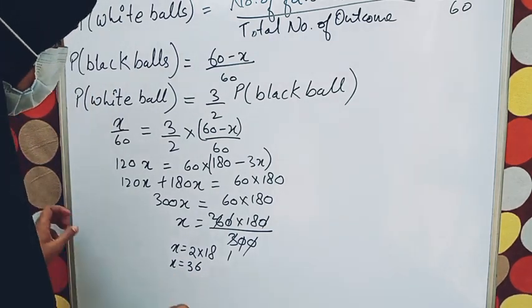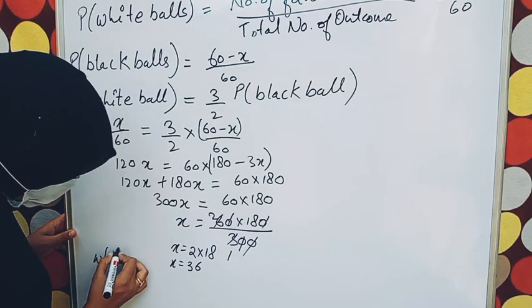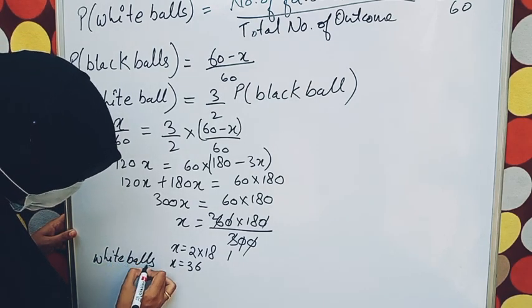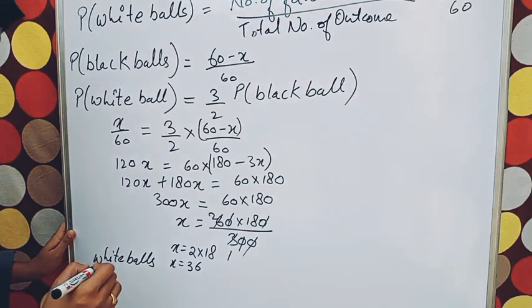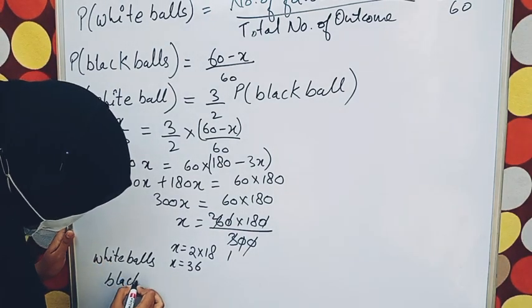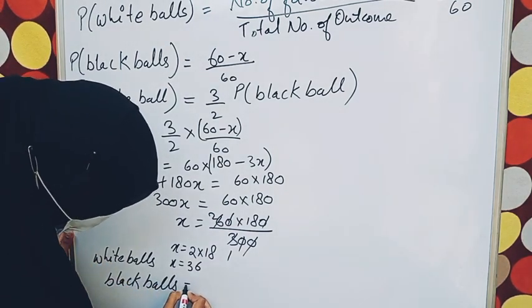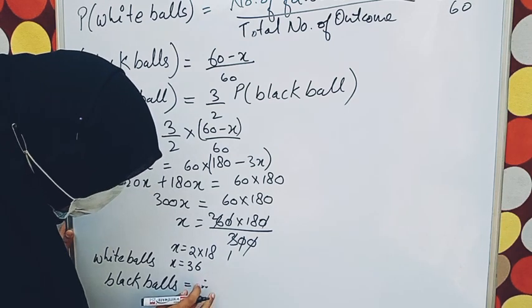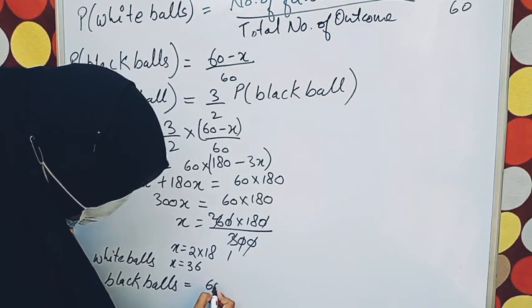This is what white balls are, as we let it be x, and black balls were 60 minus x.